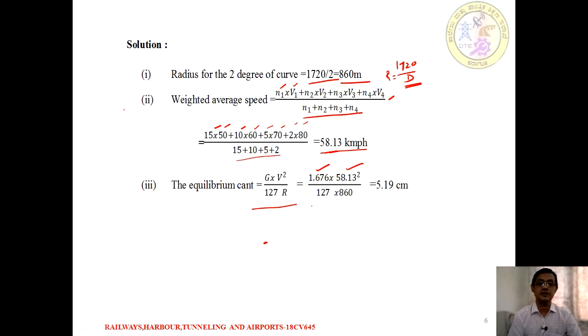Similarly, 127 is standard, and the radius of the curve is 860. By substituting all the numerical values, it is going to be 5.19 centimeters. So this is the equilibrium cant for a given set of parameters. So this is another type.